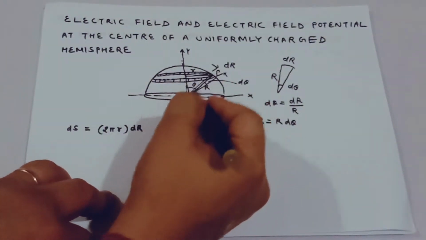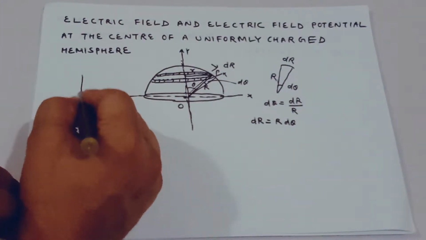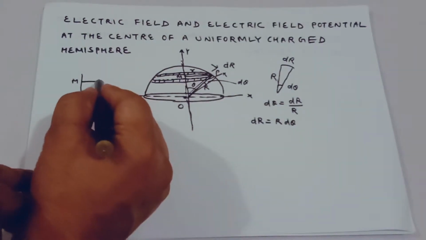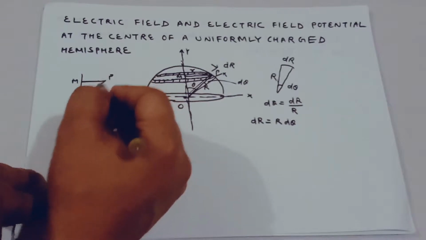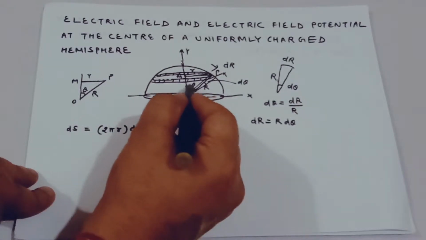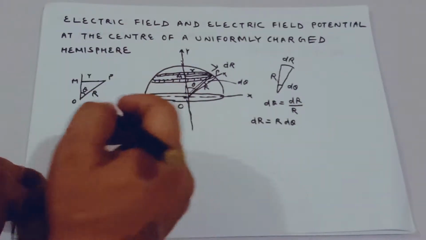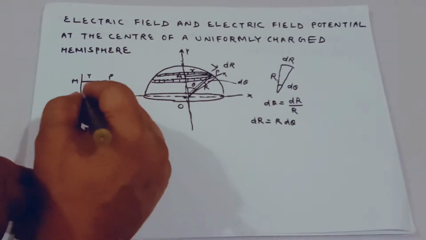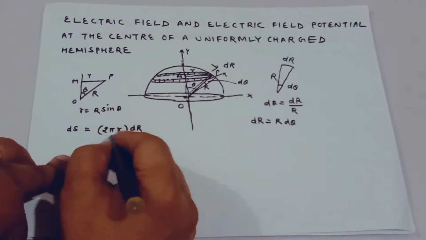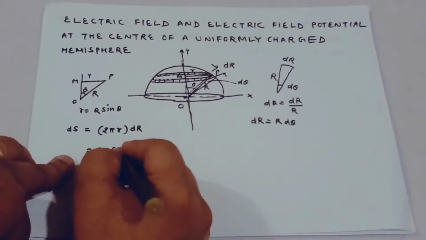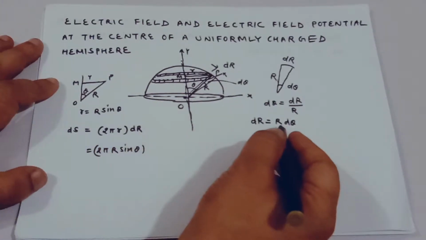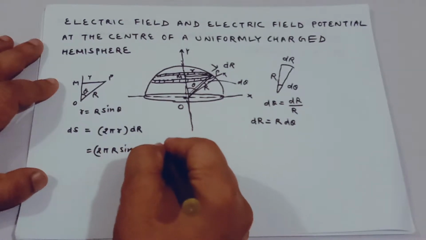If this is theta and this is capital R, and we consider that particular point as M, and from point P, O is at a distance of capital R, then small r can be written as capital R into sine theta. Then you can put this value of small r here, so that would be 2 pi capital R into sine theta, and dr we have already calculated, which is capital R into d theta.